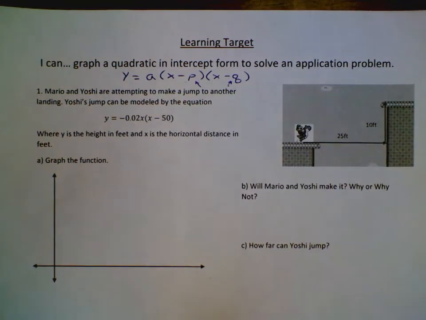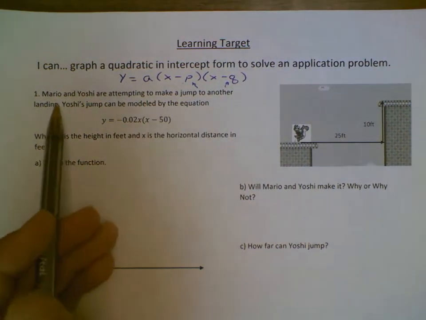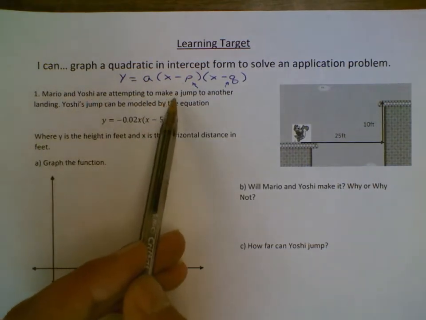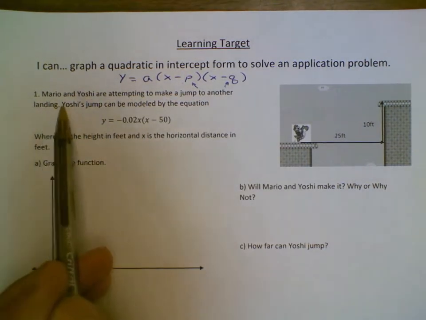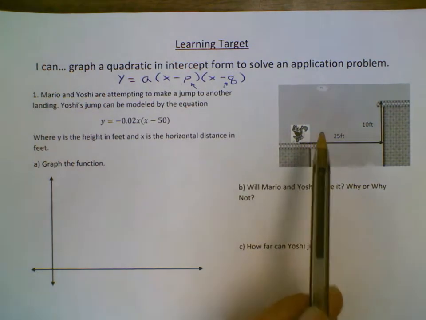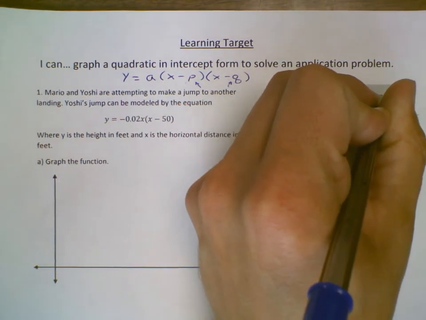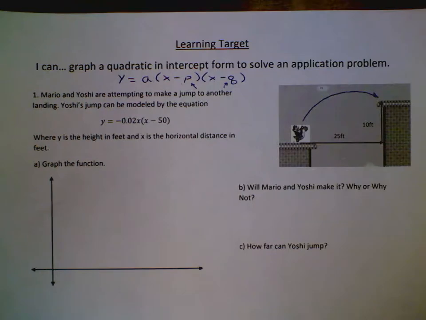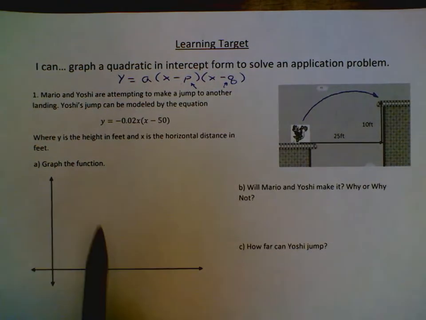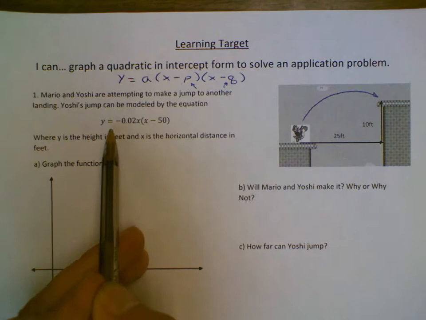So if we look at number one here, it says Mario and Yoshi are attempting to make a jump to another landing. Okay, so we have Mario here. He's got to try and make this jump across the gap and land on top of the second platform. Okay, Yoshi's jump can be modeled by this equation.